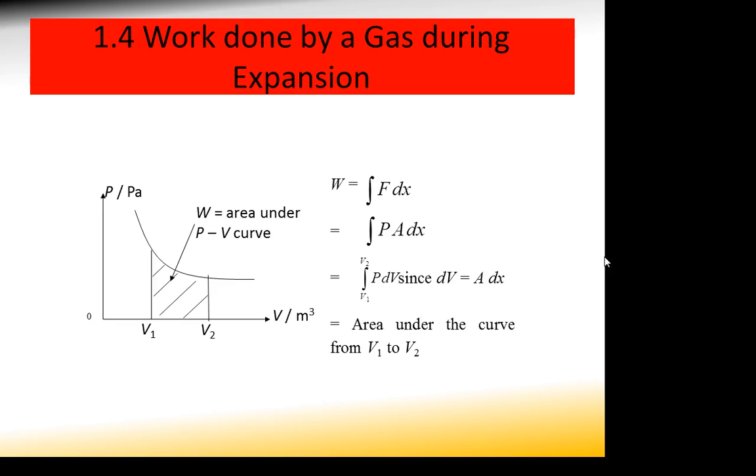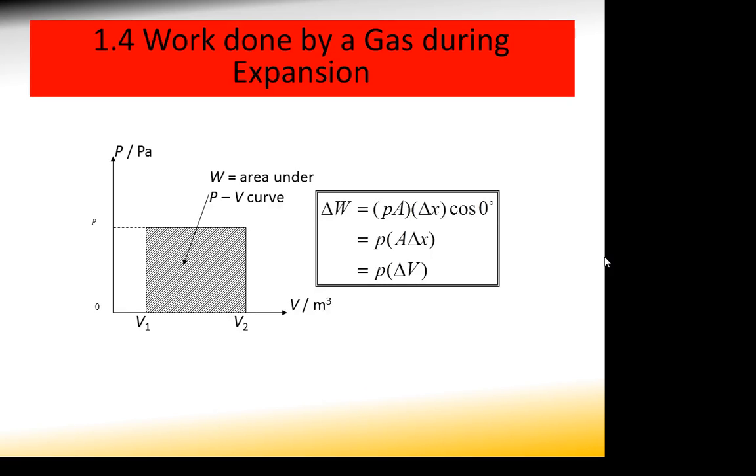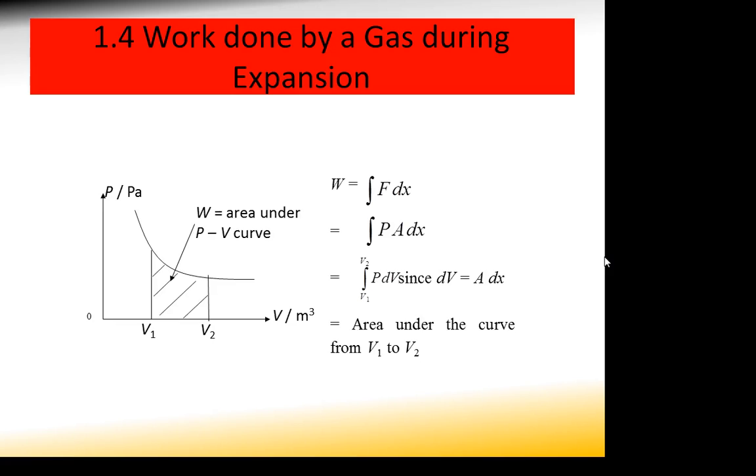What if I give you a PV graph where it is not constant? It doesn't matter. Work is P times V, so in the PV graph it is the area under the graph. For a curve, it's still the same idea, by calculus. Even if you are given a curvy graph, the work done by the gas as it expands from V1 to V2 will be the area under the PV graph.